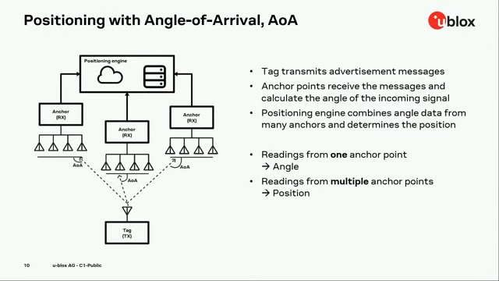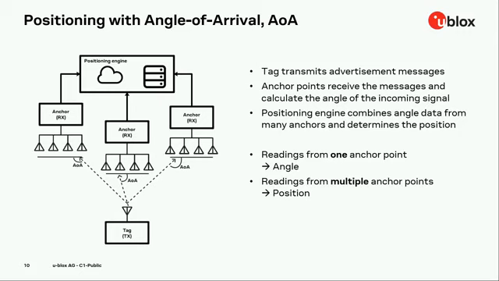And here is an example of how a positioning system with Bluetooth angle of arrival can look like. So you have the tag in the bottom that transmits the advertisement messages. You have anchor points which receive the messages with their antenna array, and here you calculate the angle of the incoming signal.